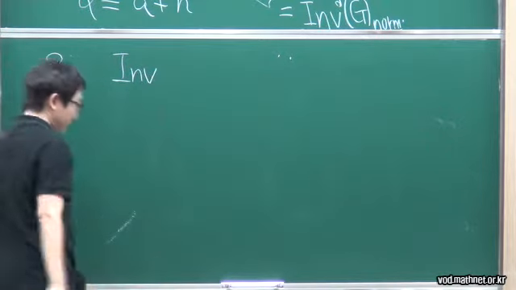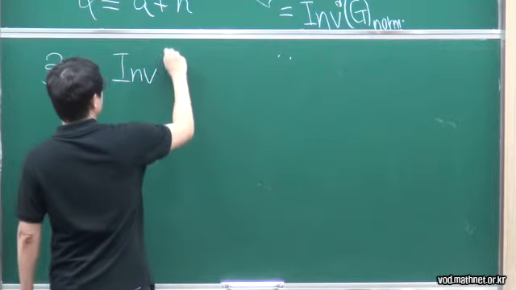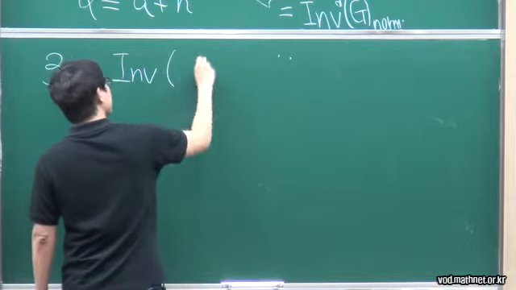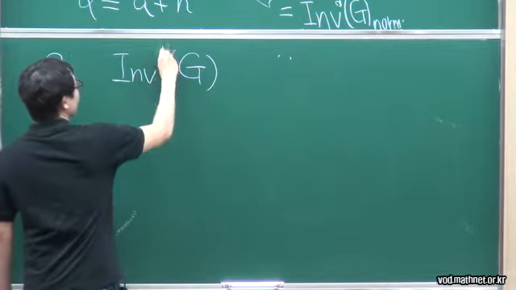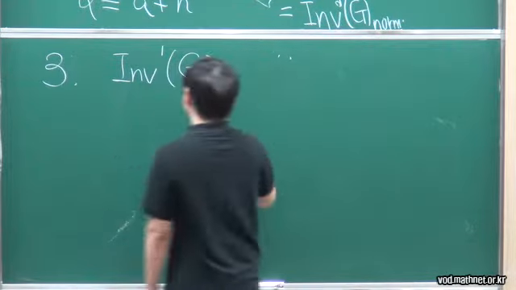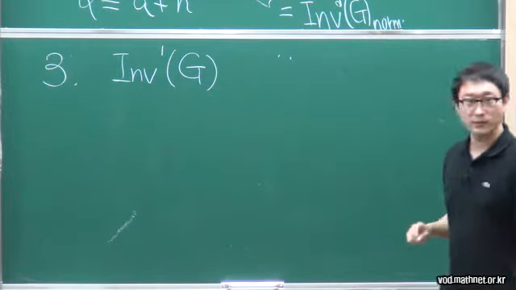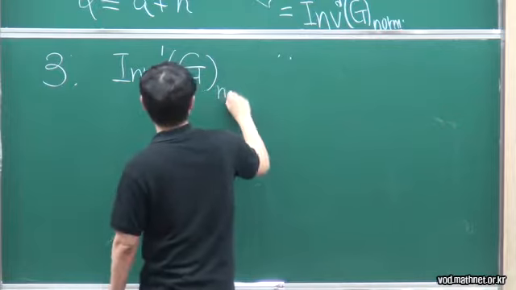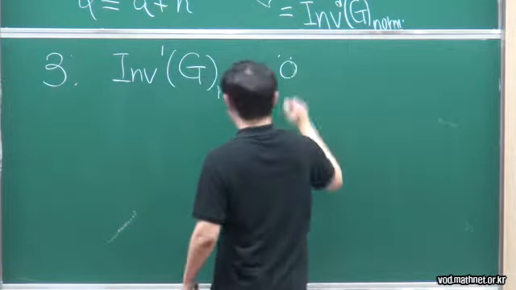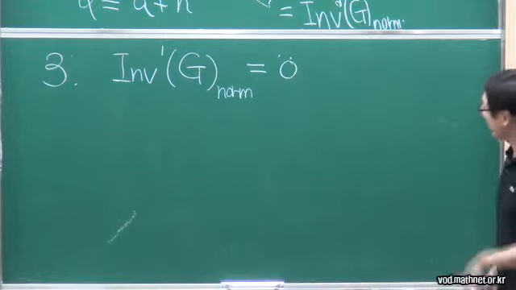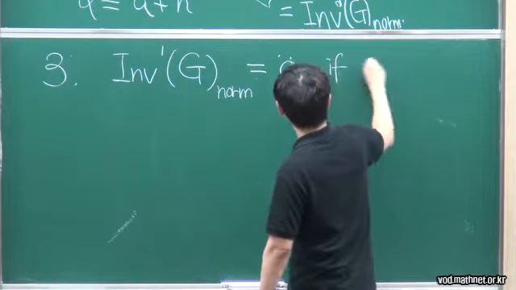And so we consider the group of invariants degree-wise. For degree 1, the normalized part of the cohomological invariants is known to be trivial if G is connected.